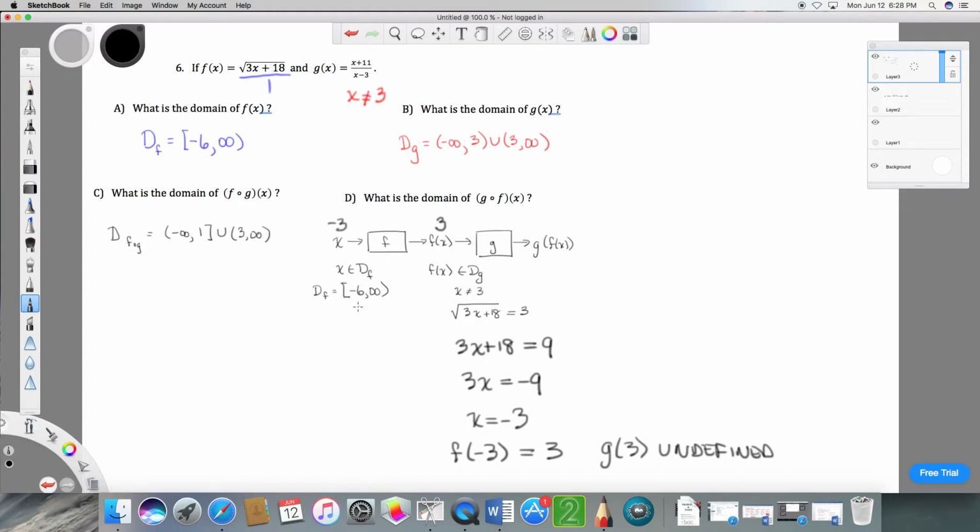So the domain for this function composition g composed with f is the set of real numbers from negative 6 excluding negative 3 and from negative 3 all the way to infinity. So there's our domain for g composed with f.